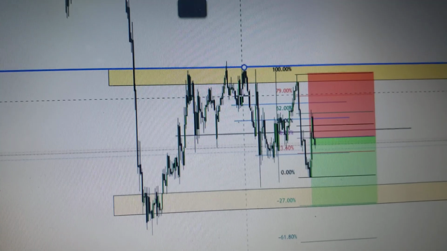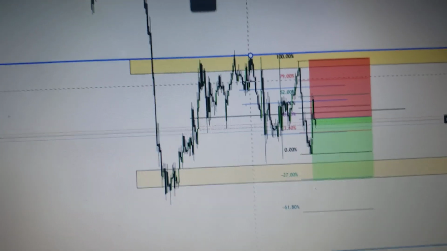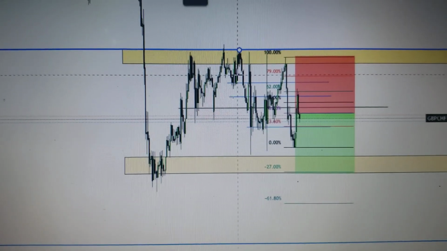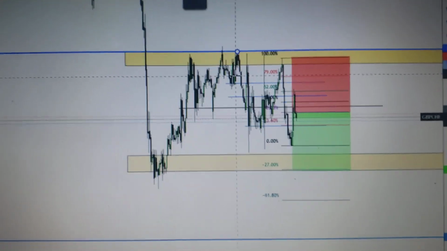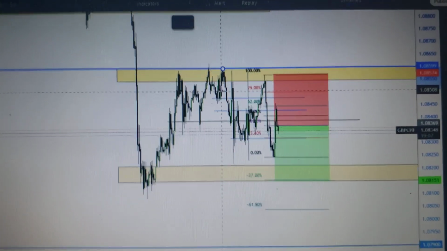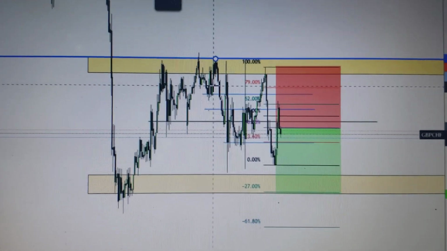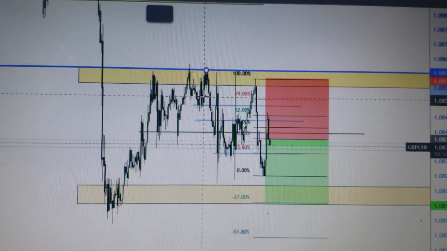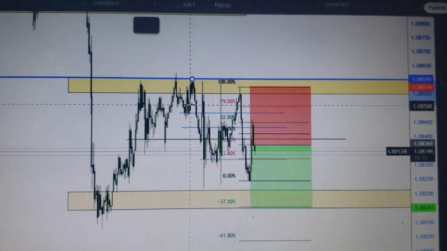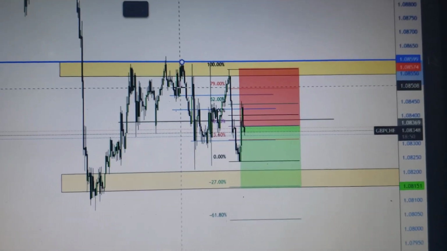When you want to enter a trade, if the 4 hour has not shown you a signal that the market is about to go in the direction you are estimating, if the 4 hour has not started showing you signs of confirmation, there's no need coming down to the lower time frame.